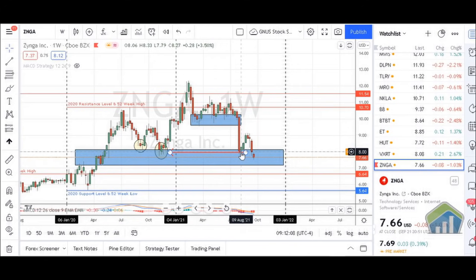And then we felt like, hey, it would bounce off this little red line. We see that we have it showing these areas where it hit and that it bounced off, went back up to about $9 and some change before reversing and coming back down into the box, which is another buy zone, right? So at this particular time frame, we believe, hey, this is a buying opportunity just like the last guy.